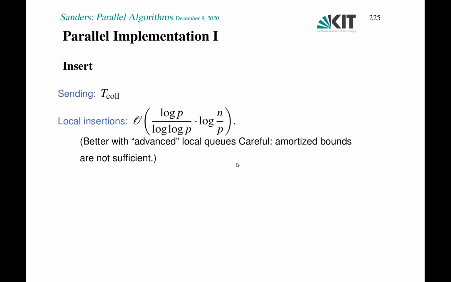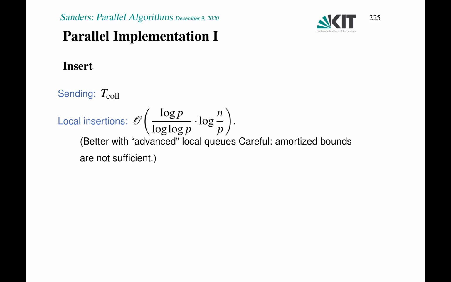I will present the implementation in two steps: one relatively simple one that is slightly suboptimal, and then I will refine that further. Insertion is relatively easy. In particular, the communication cost can be bounded by this number T collective, which includes sending a constant number of constant size messages to random processors.